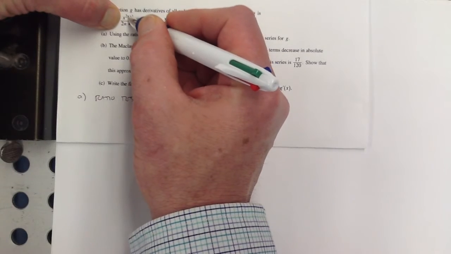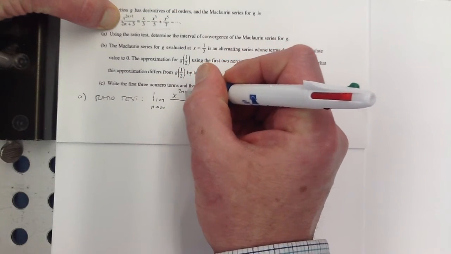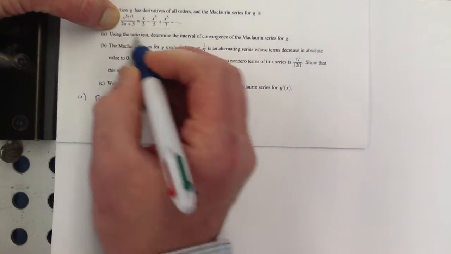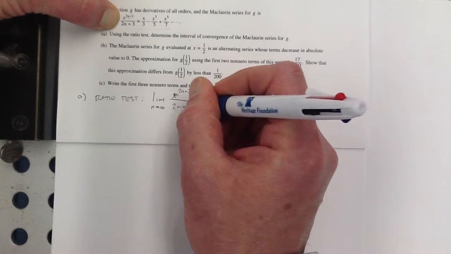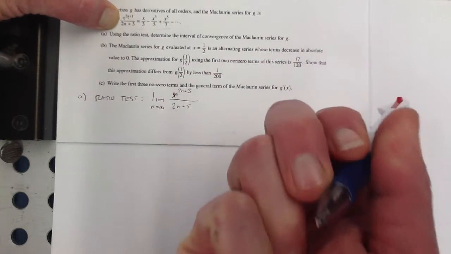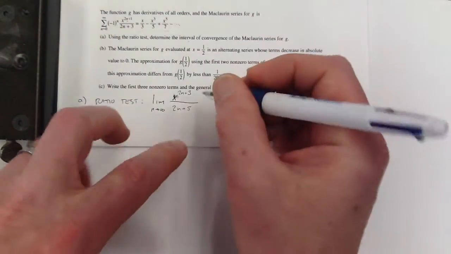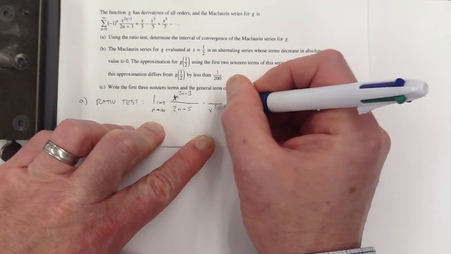So I'm going to put n plus 1 in there. That would make that x to the 2n plus 3, because I'm putting the n plus 1 in there. And then this would be 2n plus 5. And then I divide by the n term, which is the same as multiplying by this reciprocal.